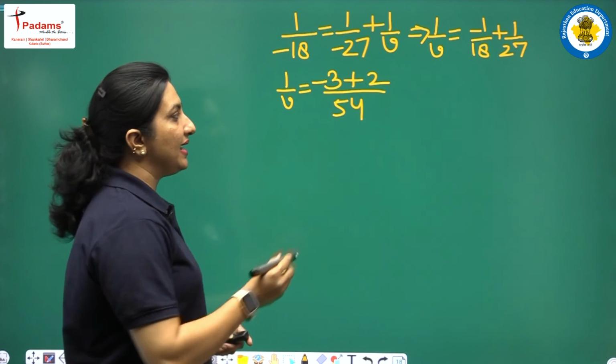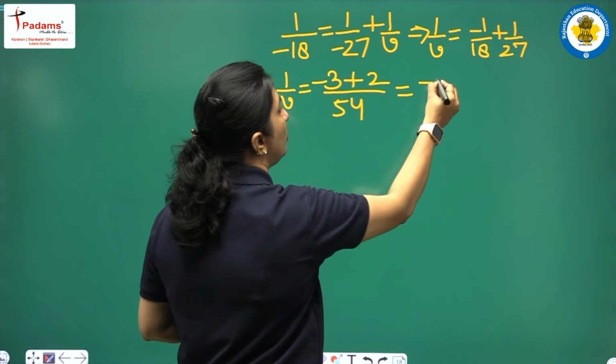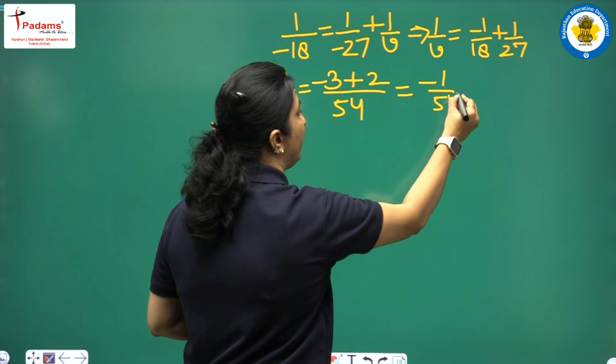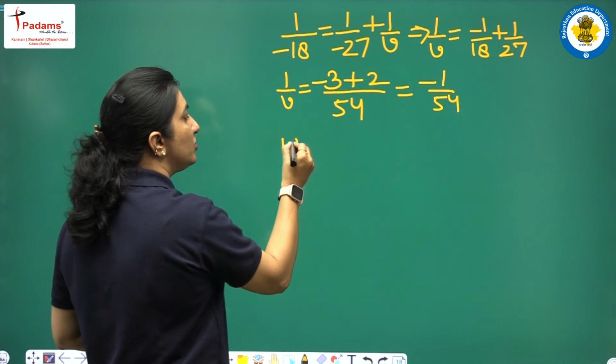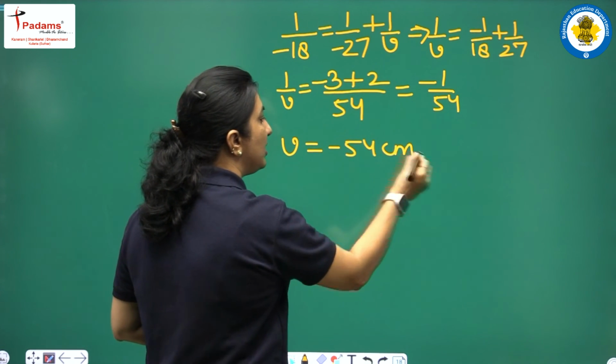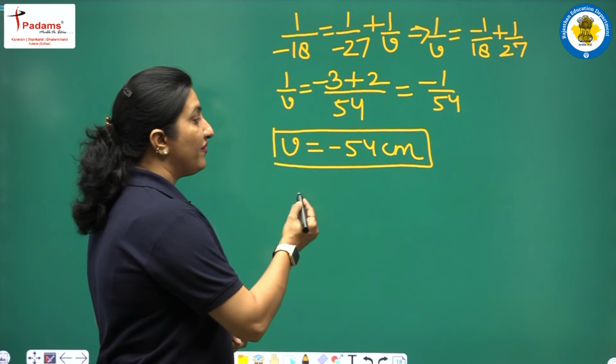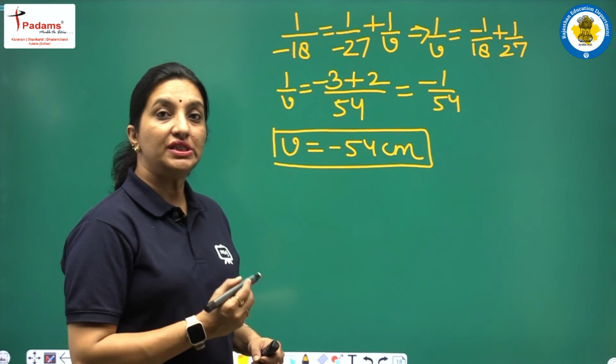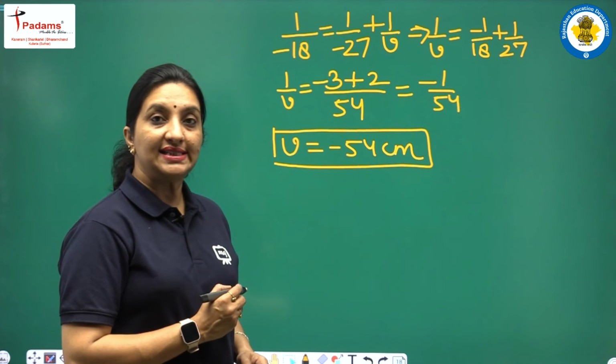This is with a negative sign. So this will become equal to minus 1 upon 54. On reversing the values, the value of v becomes equal to minus 54 centimeters. Now we have calculated the value of v, which is equal to minus 54 centimeters.